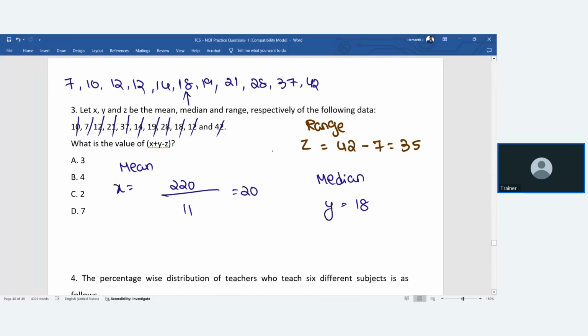Now finally you want x plus y minus z, which is equal to 3. By reference, we have to add x and y, then subtract z, so that will give answer 3.